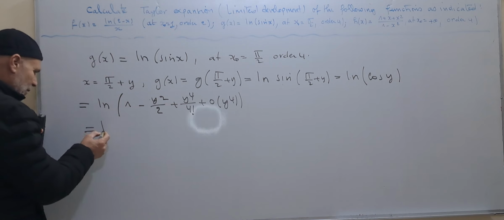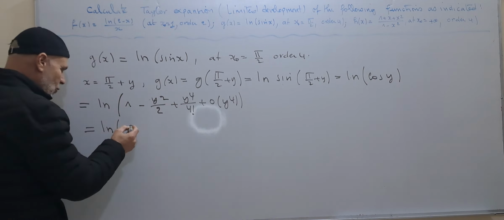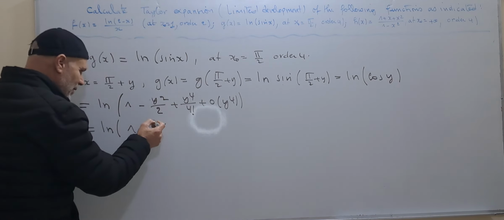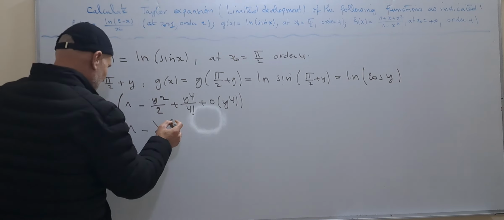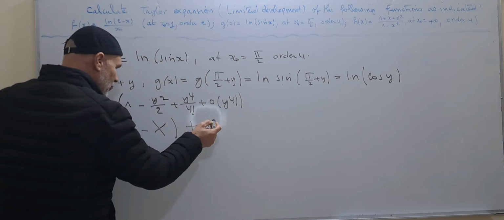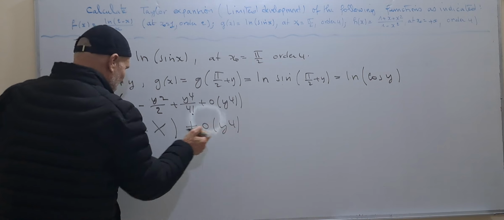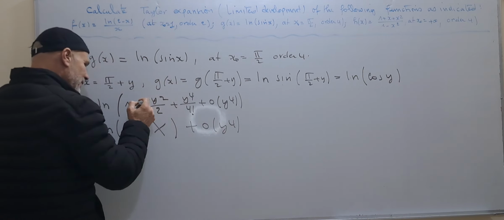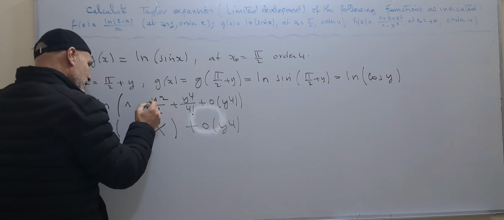And this is equal to ln of 1 minus capital X, where capital X is actually this one.